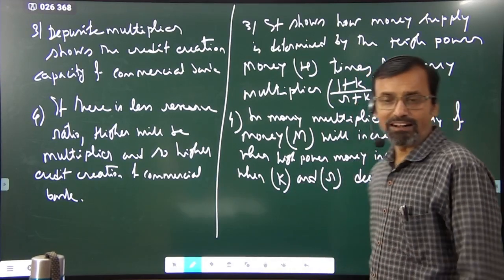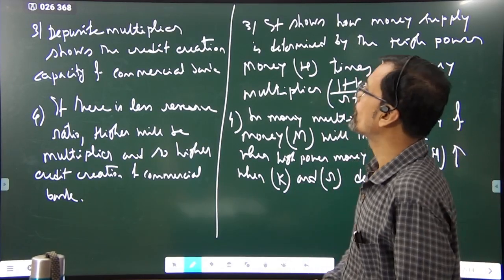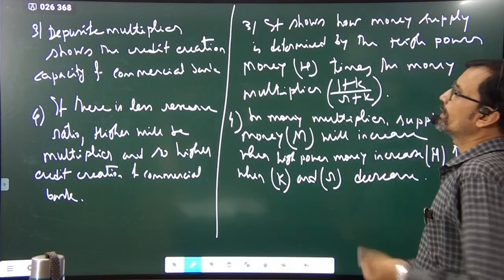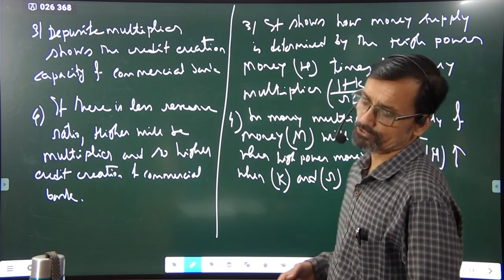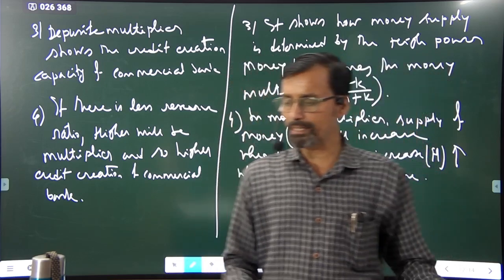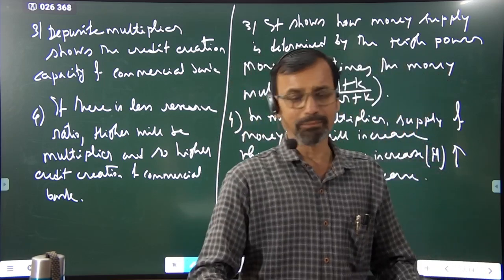So these are the fundamental differences we can mention regarding the deposit multiplier and money multiplier.